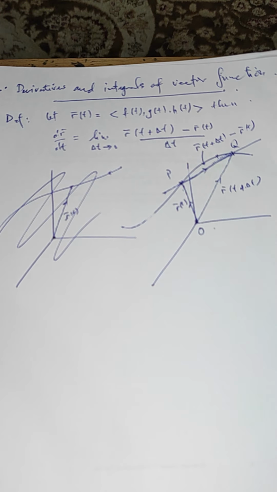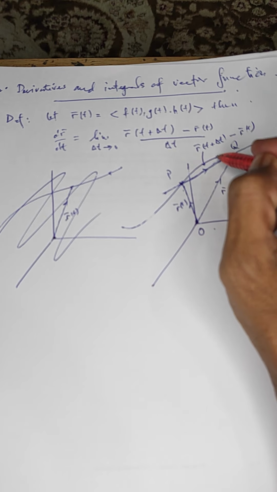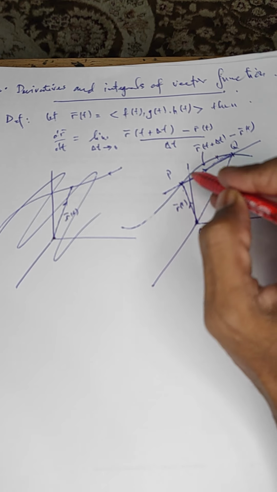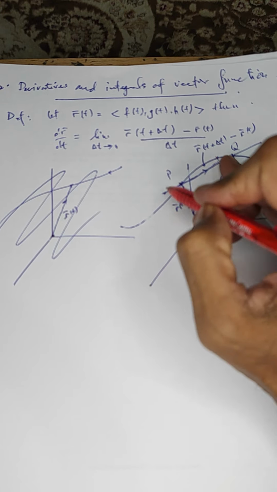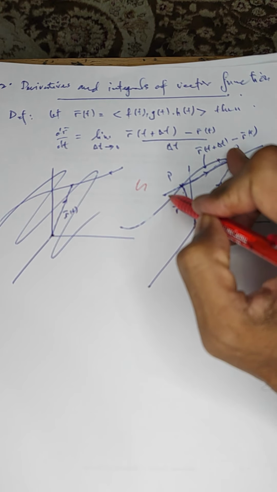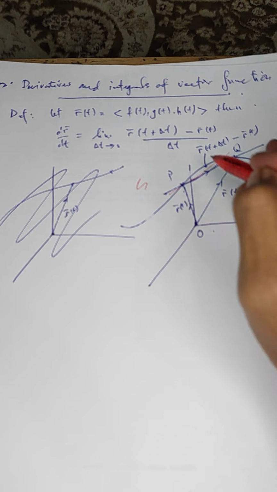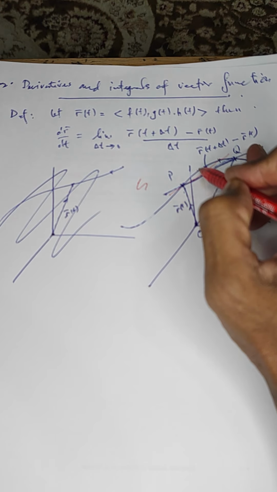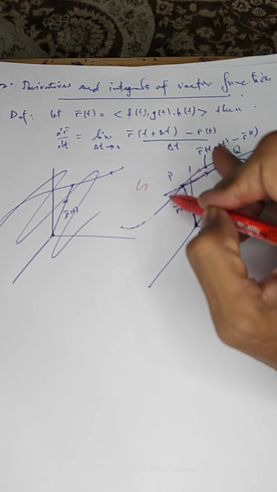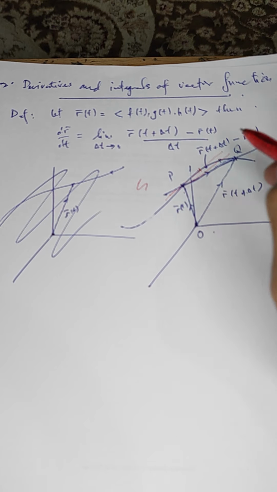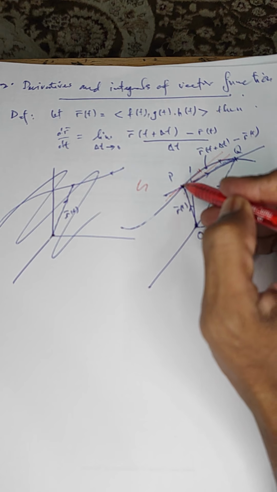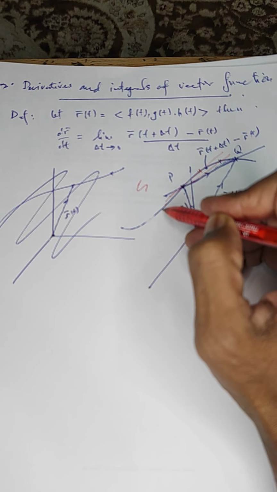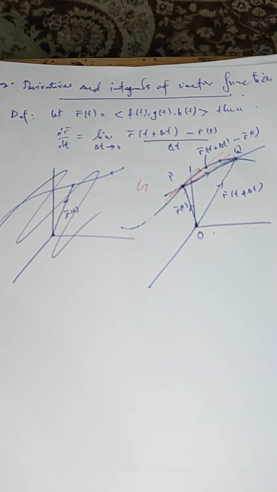Look carefully: this is our secant line. If Q gets closer to P, and later is close enough to P, we have just a line touching point P. That gives you a tangent line.